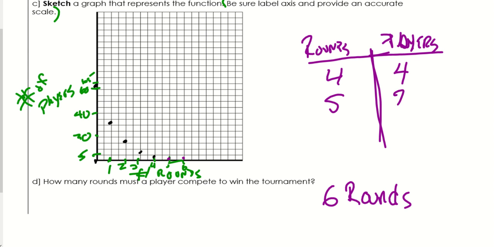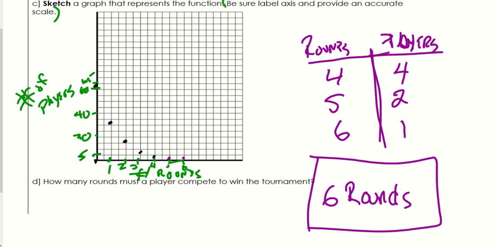After 5 rounds, we'd have 2 people left. They would have to play a 6th round to determine the winner. So graph or table would be the way to get there. You could have done trial and error with the equation, but either way, it will take a player 6 rounds or 6 games to win the tournament.